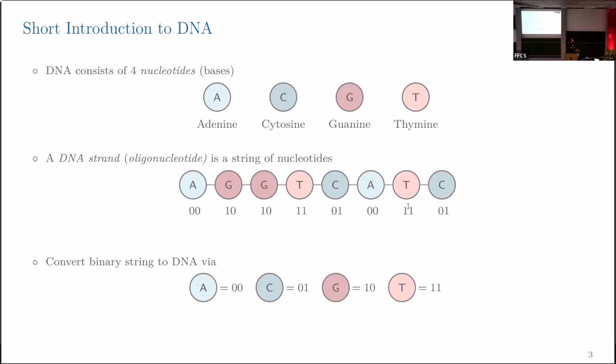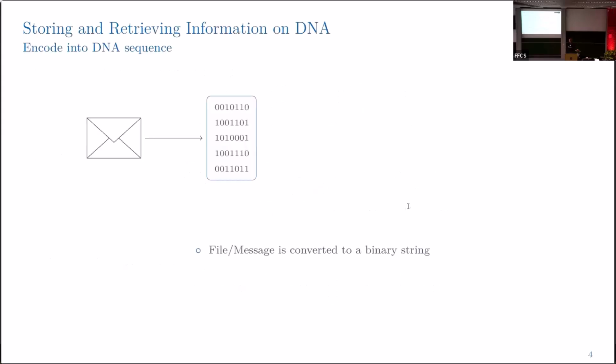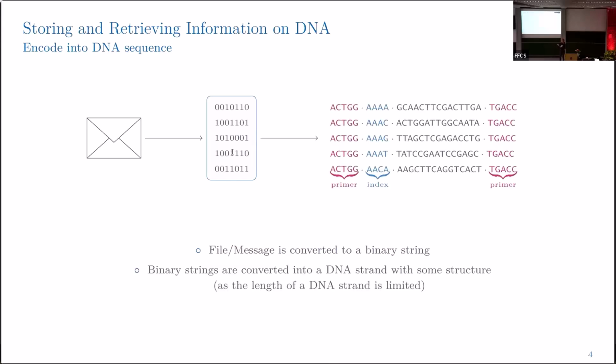That's the basics. So how do we actually write on a DNA? Let's say we have a message or a file or anything that we want to store. Then we transform it first into a binary message or a binary string, or several binary strings actually. Now we use this conversion to DNA strands.